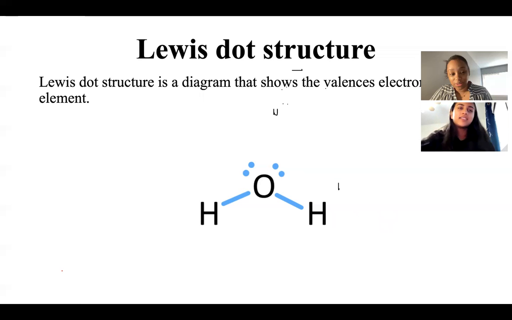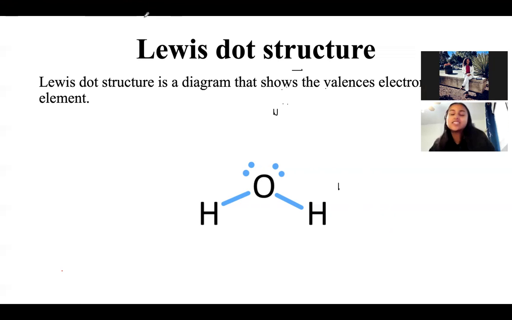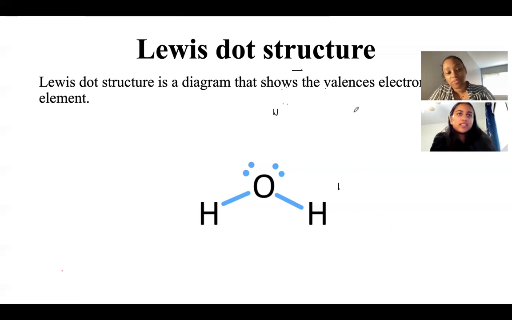Is there anything that you want to see more, add more practice questions? I think more Lewis dot structure stuff. More Lewis dot structure stuff. Yeah. And as we meet more, I'll add more layers into it.